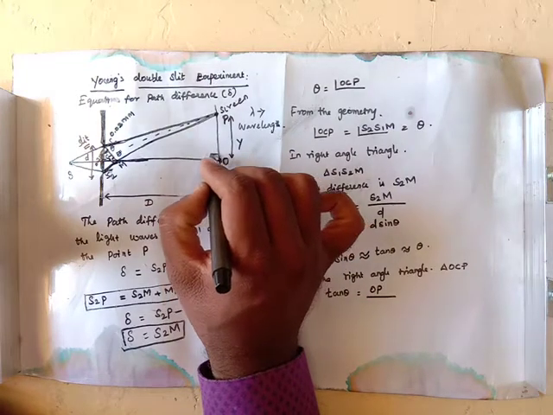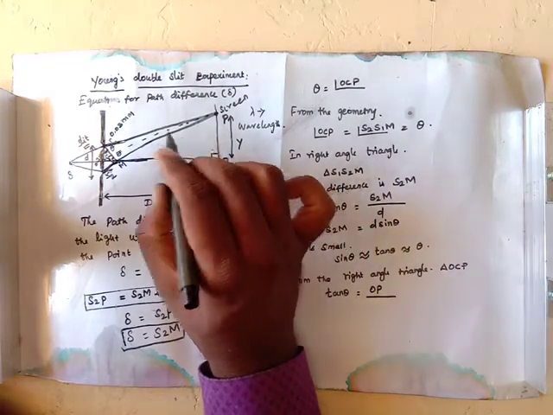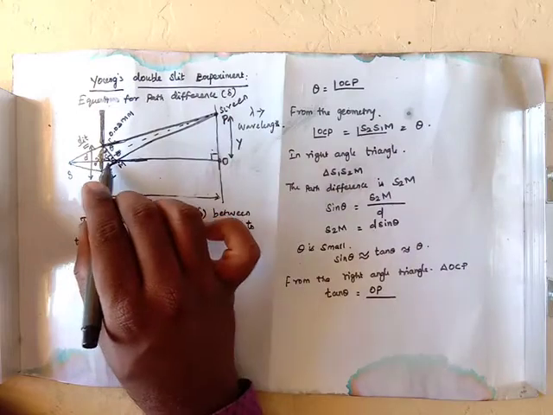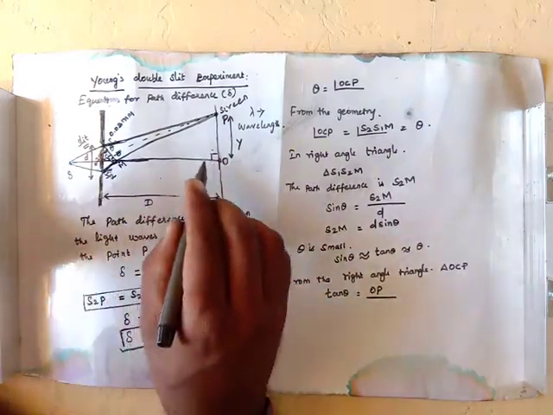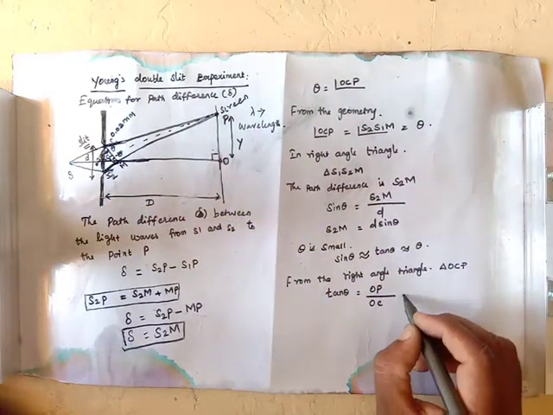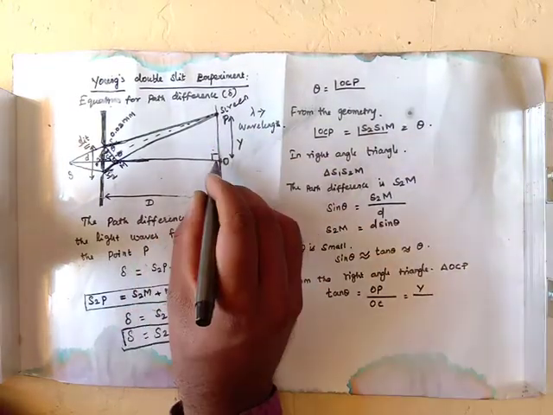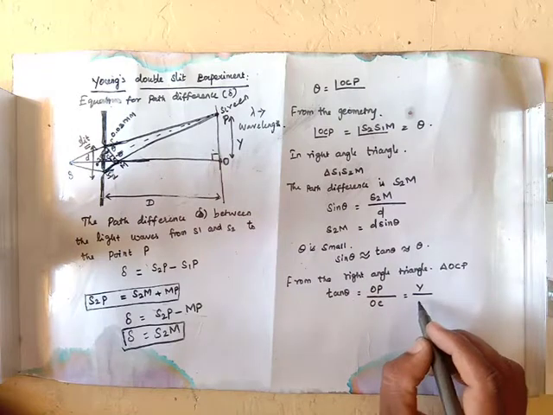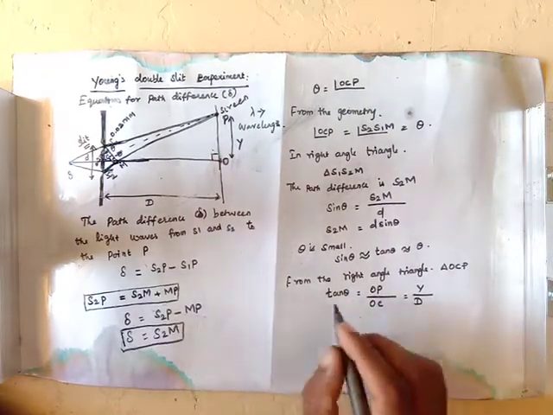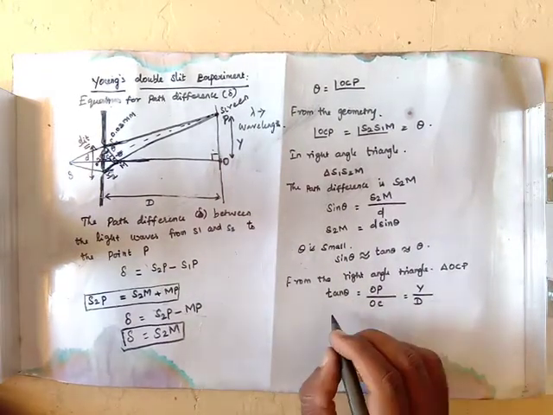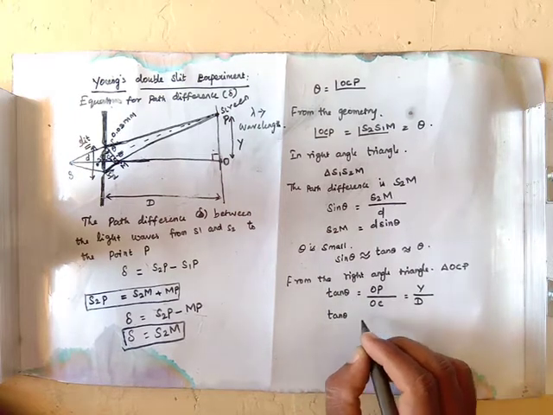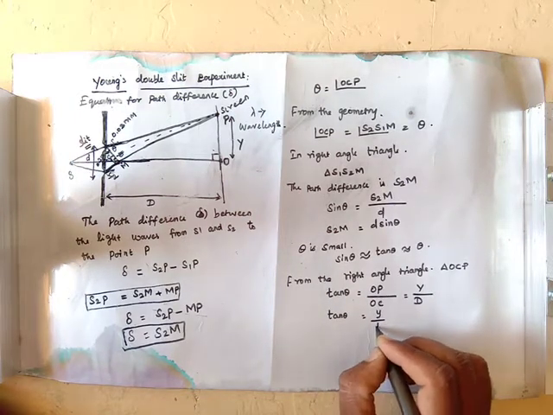This is the 90 degree, and opposite to the 90 degree is the hypotenuse, so the adjacent side is OC. OP means y, and OC is equal to D. So tan theta is equal to y divided by D.